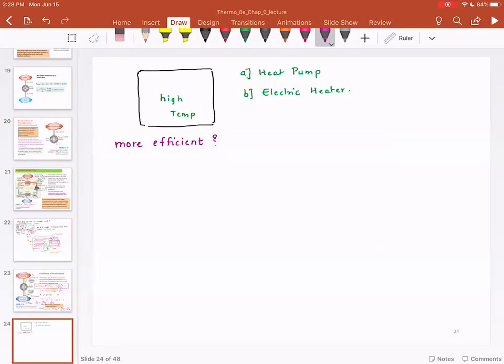Now, one thing let me tell you here, heat pump is always more efficient because COP is always greater than 1. Electric heater is less efficient because electrical work is converted to heat.